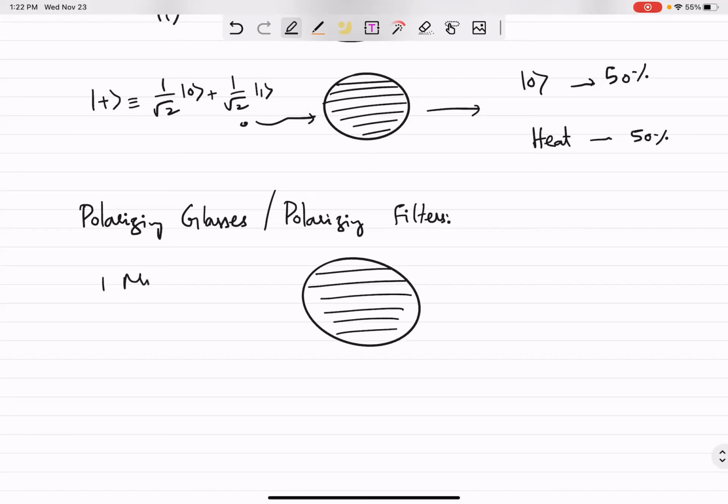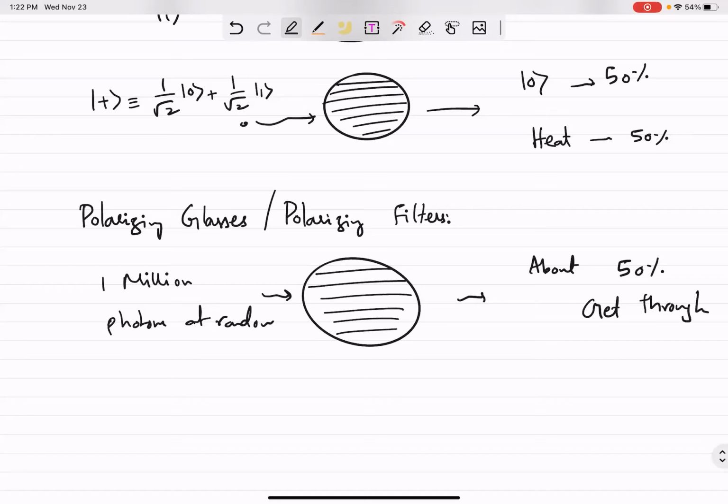If I shoot 1 million photons at random, about 50% get through. So light intensity drops by 50%.